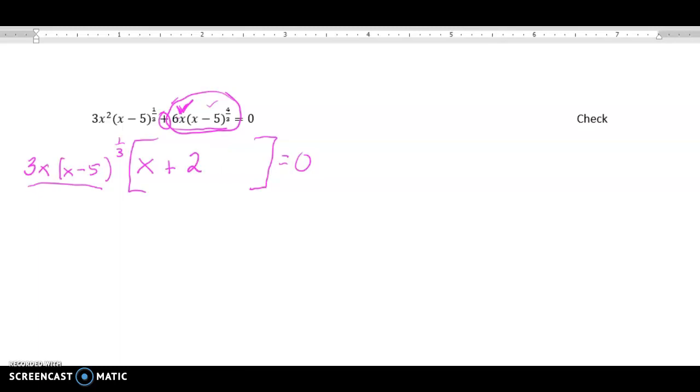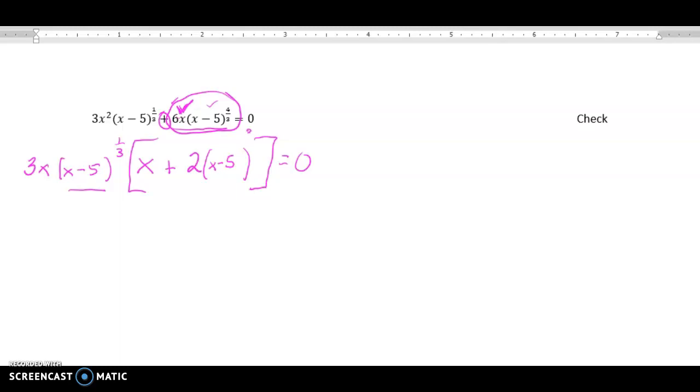If you factored out the x minus 5 to the 1/3 power, knowing what you know about exponents, when you multiply, you add your exponents.